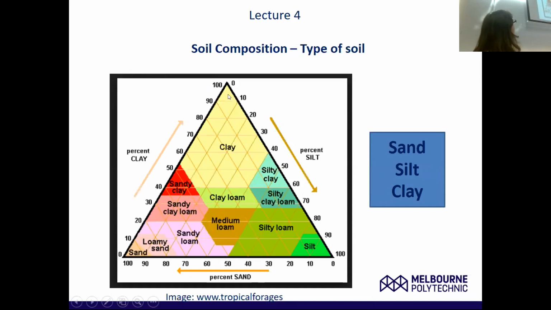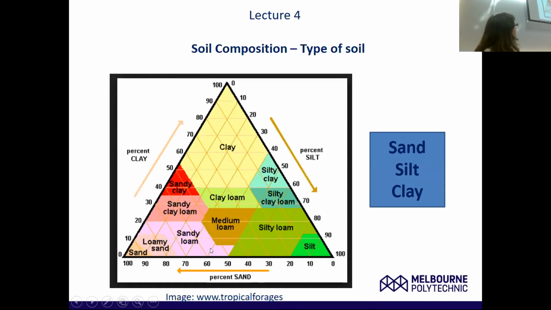So if you have a lot of clay and no sand and a little bit of silt, you'll be here on the triangle. Whereas if you have a lot of sand, very little clay and no silt, you'll be here. So this is a very sandy soil.